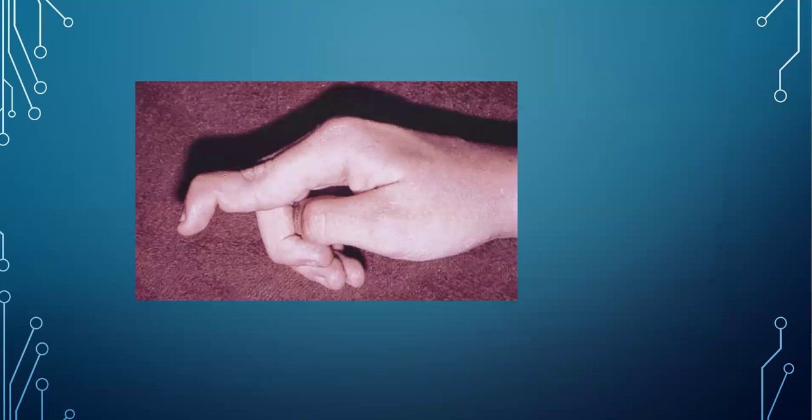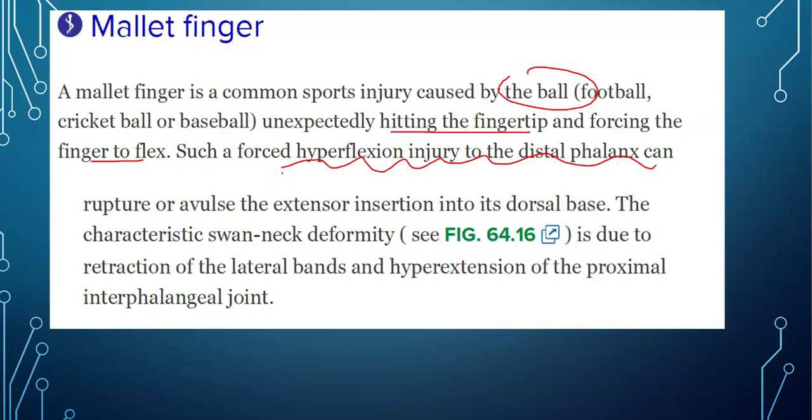So many of you might have got it. So if suddenly a cricket ball hits the distal part of the finger and it causes a hyperflexion injury, that's mallet finger. So it's a hyperflexion injury to the distal phalanx causing a rupture of the extensor insertion into the dorsal base.